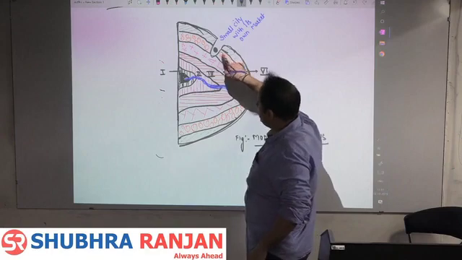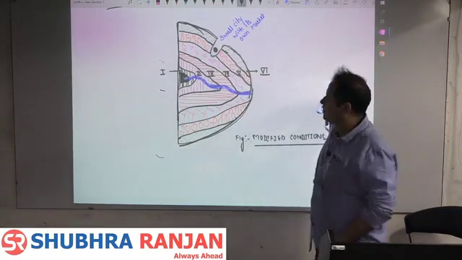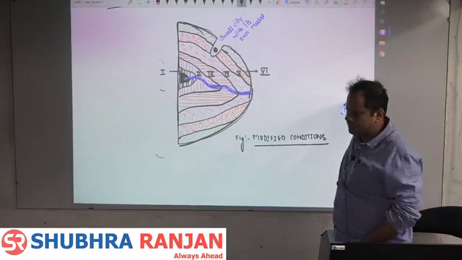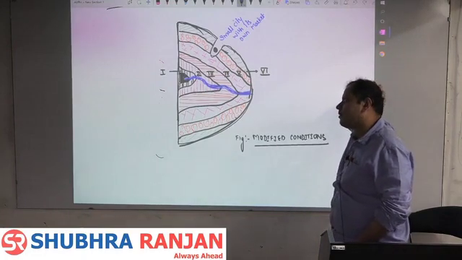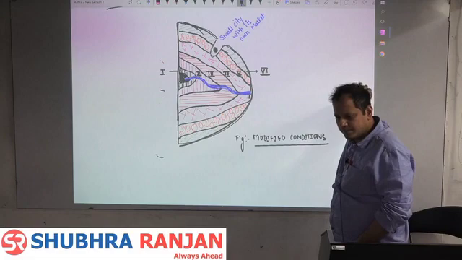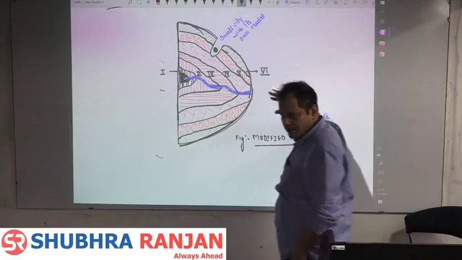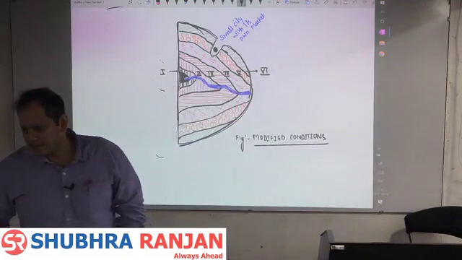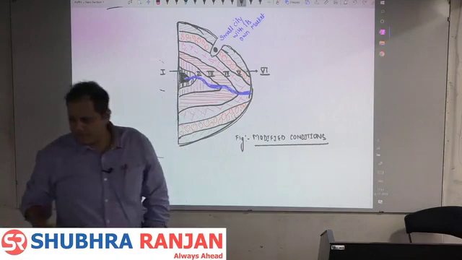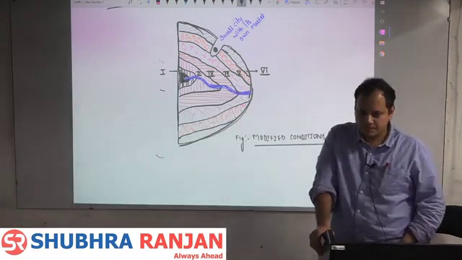This is a small city, and the small city will also have such concentric zones. Got it? Fine.